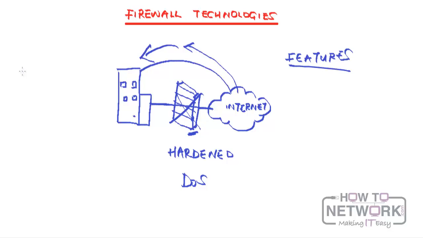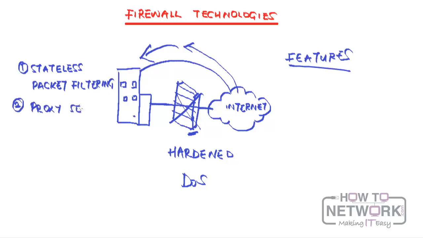There are different types of firewall technologies, including the stateless packet filtering, which is the oldest one. We also have the proxy servers, also called the ALG, application layer gateway. We also have the stateful packet filtering.